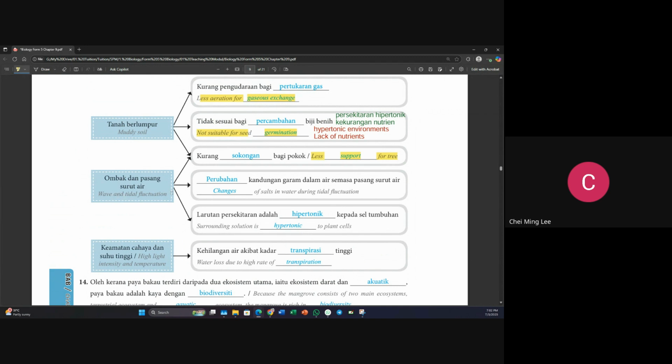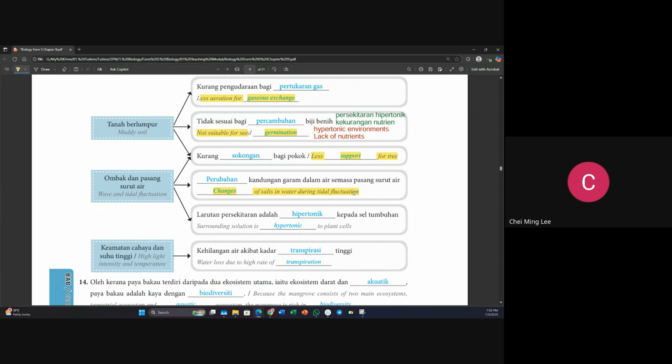And due to this, there will be a change of salt in water during the tidal fluctuation. When the tidal wave comes, it will cover the whole mangrove area with seawater. So at that time, is the concentration of salt higher or lower? Higher. Now, when the tide goes back, the seawater is less, so the salt level will be lower.